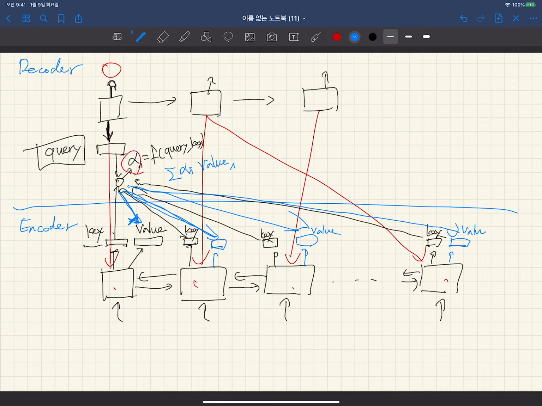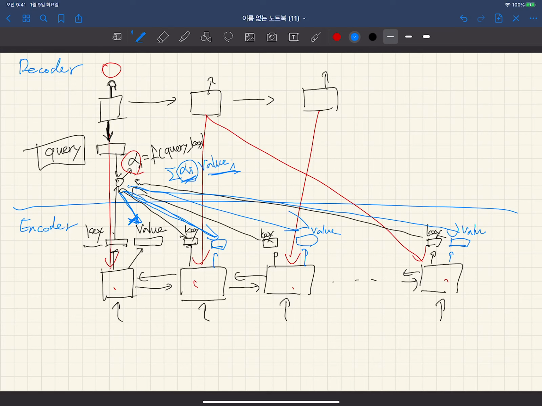Alpha i indicates the importance, which is measured by the function f with input query and the key of the i-th position. And then we combine all the value information using this adaptive weight alpha i.